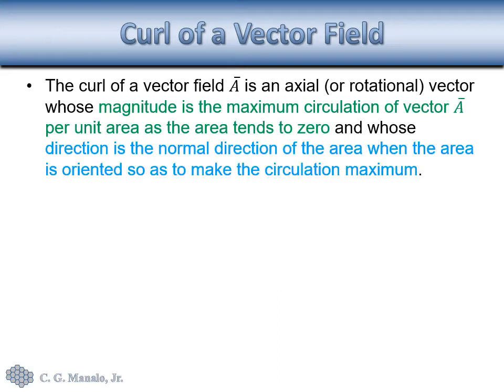And the direction is the normal direction of the area when the area is oriented to make the circulation maximum. Let us discuss this in more detail by going to the formal definition of the curl of a vector field.